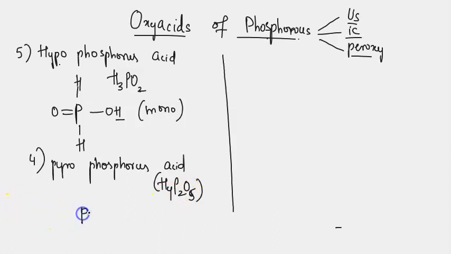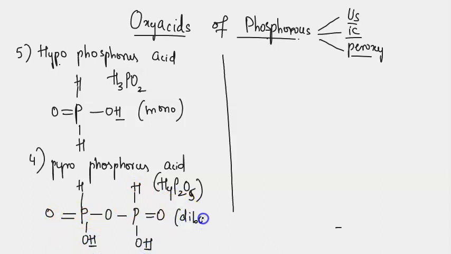We have P connected through oxygen at the center, and both phosphorus atoms are connected to a double bond O on either side, both are connected to OH, and both are connected to H as well. This is pyrophosphorus acid, and it is a dibasic acid.